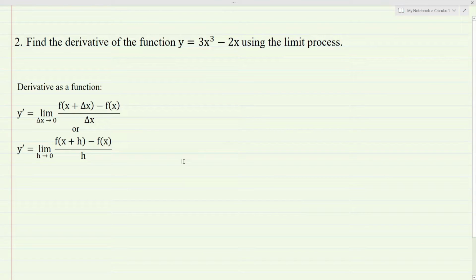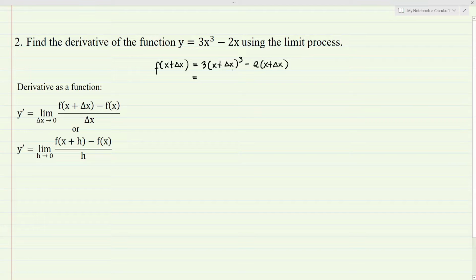For problem number 2, we have here the function y equals 3x cubed minus 2x. Let's solve for its derivative using the limit process. To start, let's solve for f of x plus delta x, and that will be 3 times, replace x with x plus delta x. I would have here x plus delta x cubed minus 2 times x plus delta x.